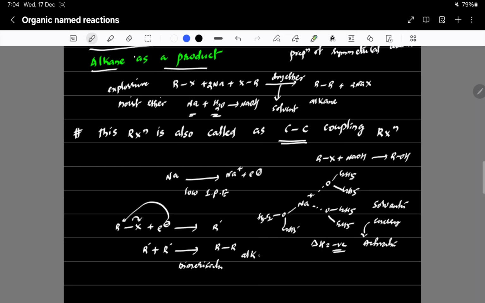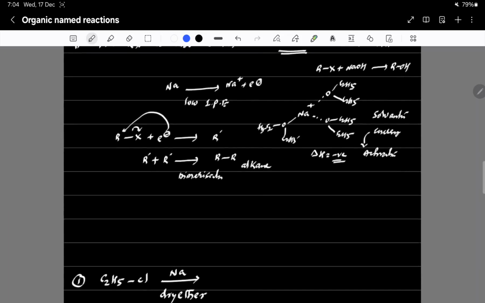Now look at students, we will discuss some examples, then we will get the idea. This is a free radical, so it is called an alkyl free radical. This alkyl free radical undergoes dimerization.